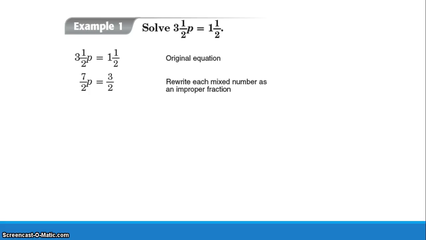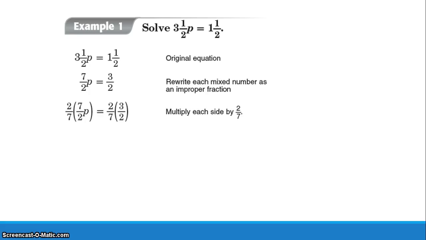Now, I'm going to take and do the opposite. I want to get rid of 7 over 2. Well, the only way to do that is to multiply it by 2 over 7 on both sides. We multiply by its reciprocal. Now that seems odd to you, I know. But whenever you divide a fraction, wouldn't you take it to the other side and then flip the second fraction?